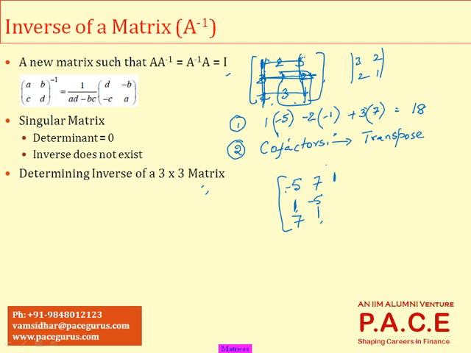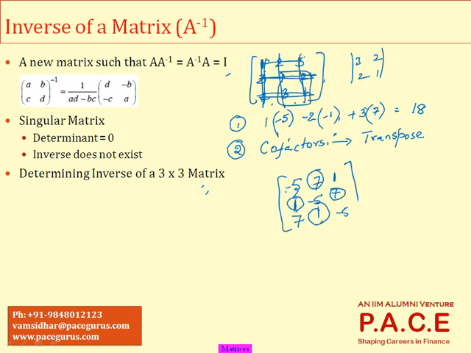Write it as 1. For this, remove the row, remove the column. 2 minus 9, minus 7. Need to change the sign. Make it as 7. Only for these values, change the signs. Finally, this one. 1 minus 6, which is minus 5. Keep it as it is.